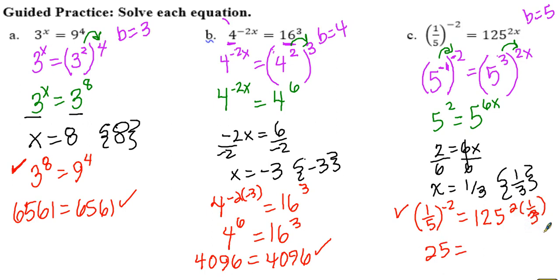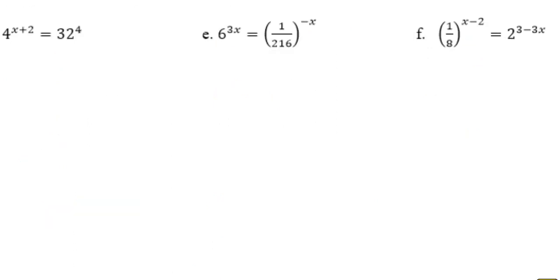I multiplied it out for you, to the 2/3 power. Can you plug it in? It's 25. Just got to raise it to the fraction. It is 25. Yep. Look at that. Genius. I love it.